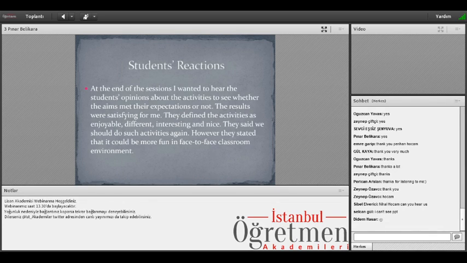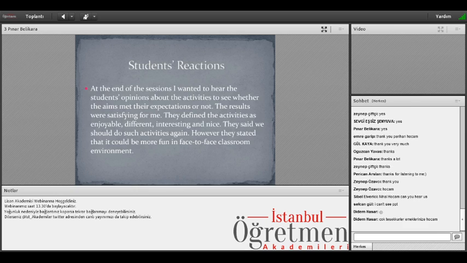And at the end of the sessions, I wanted to hear the students, I want to get their reactions. They liked the exercises, in fact, and they found it interesting and different.